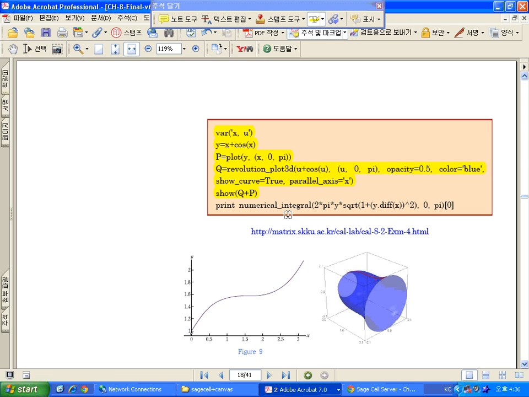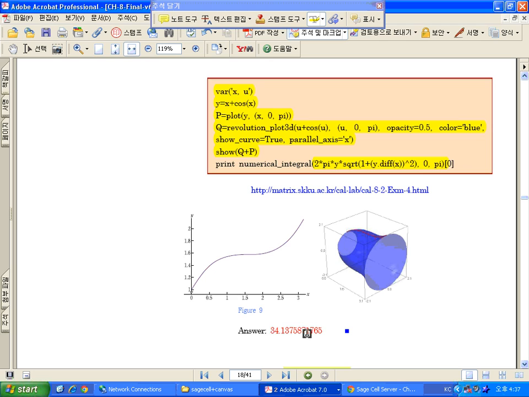We want to integrate 2 pi y times the square root of 1 plus y prime squared from 0 to pi numerically, and that gives us the answer like this.